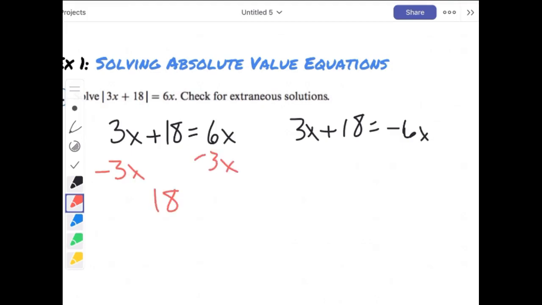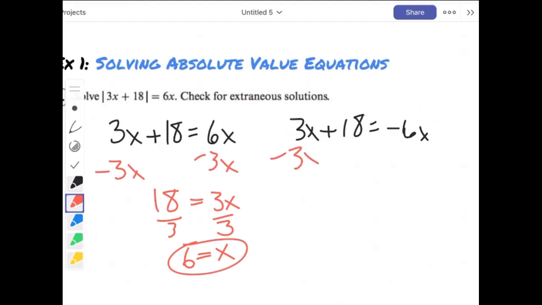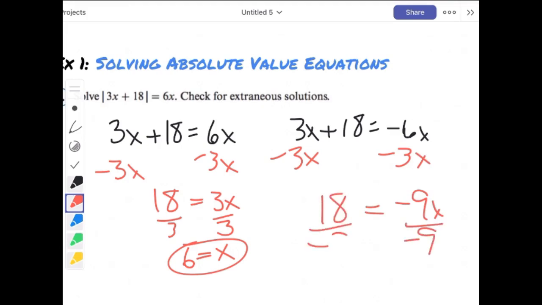So that's going to be 18 is equal to 3x. Divide by 3, x equals 6. And then for the other one I'm going to be doing minus 3x, so I have negative 9x equals 18, divided by negative 9. So I get x equals negative 2.